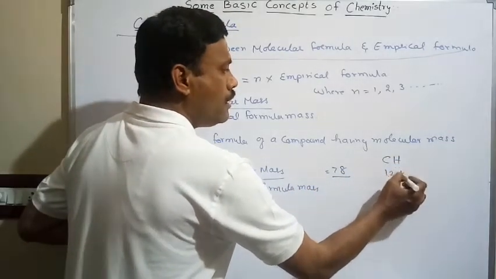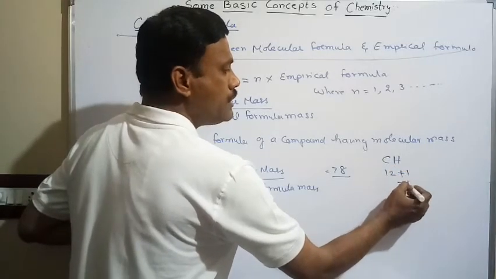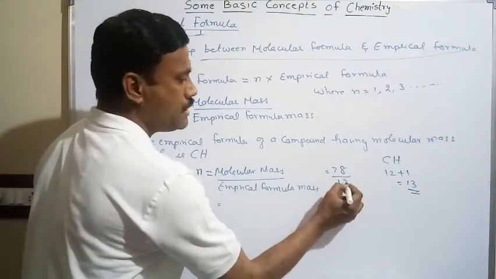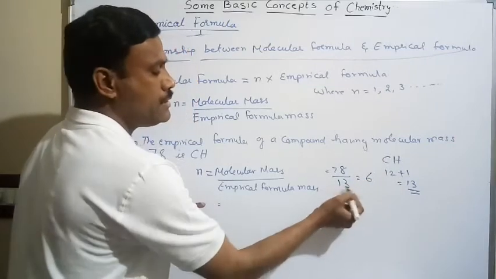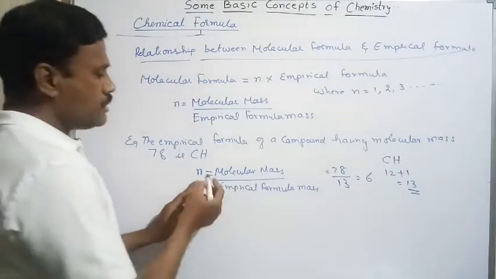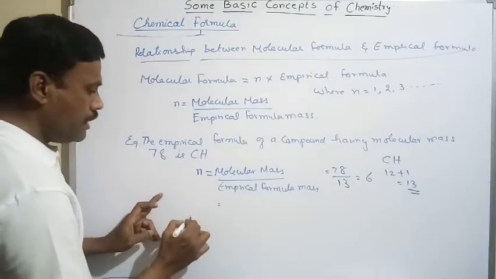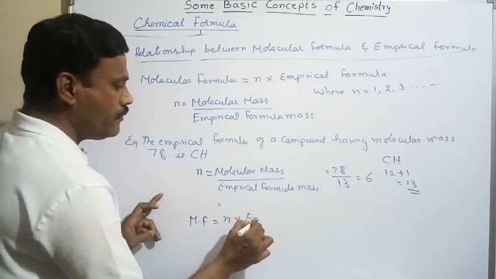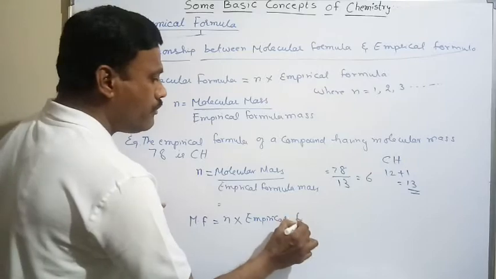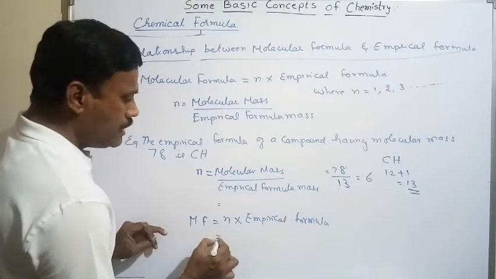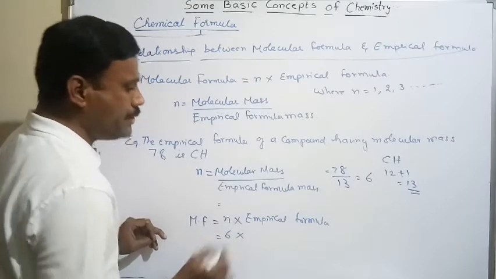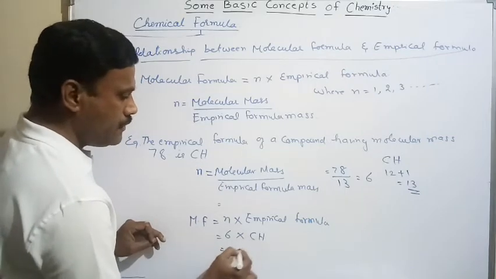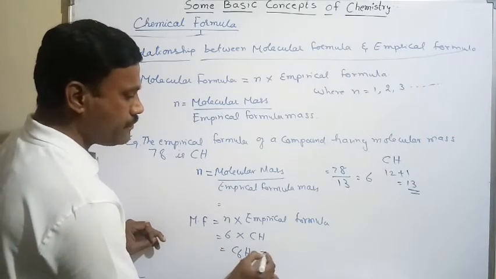Carbon is 12 and hydrogen atomic mass is 1. So that gives 13. 13 is the empirical formula mass. So 78 divided by 13 gives 6. So the value of N is 6. So molecular formula is equal to N into empirical formula. So the value of N is 6 into empirical formula CH. So that gives C6H6.